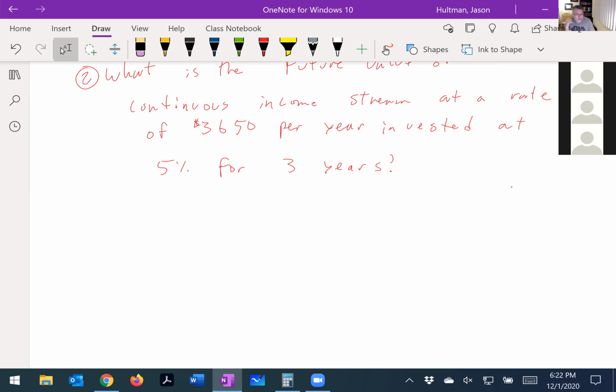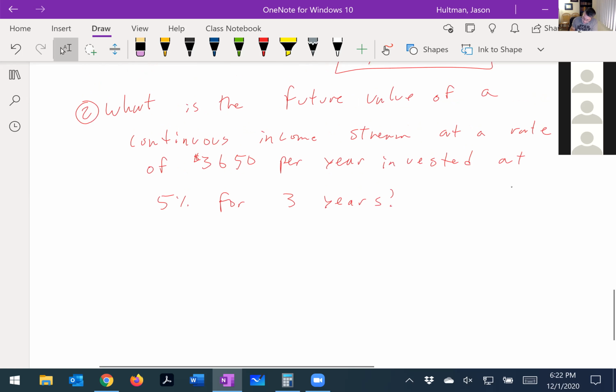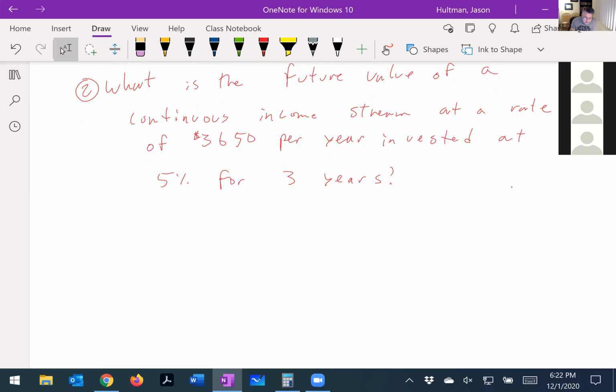Okay, so what this is saying is that we are investing $3,650 per year. However, that $3,650 per year comes in continuously.